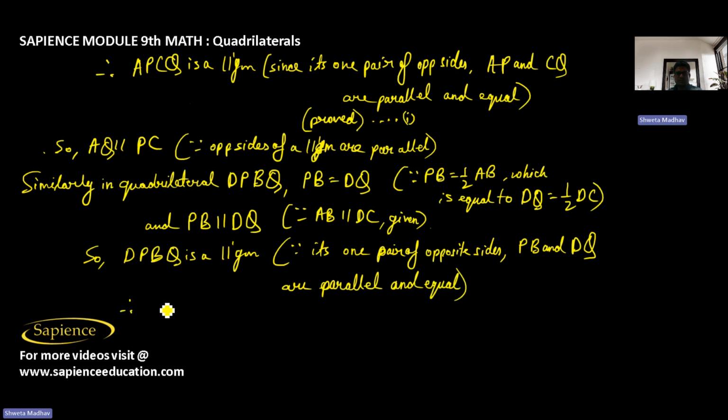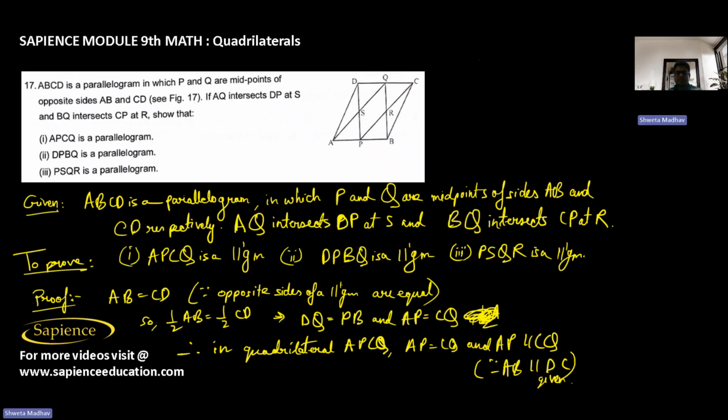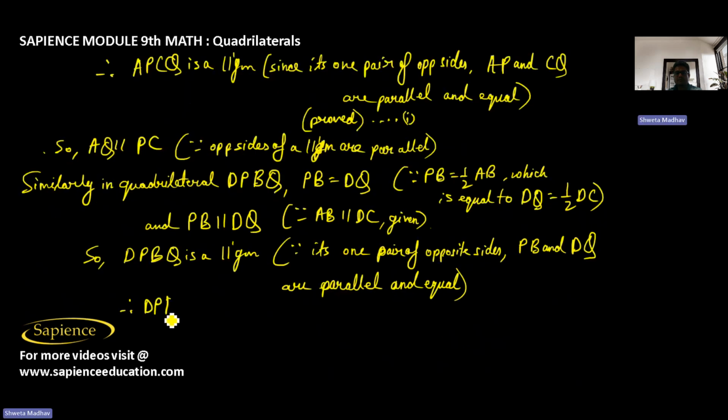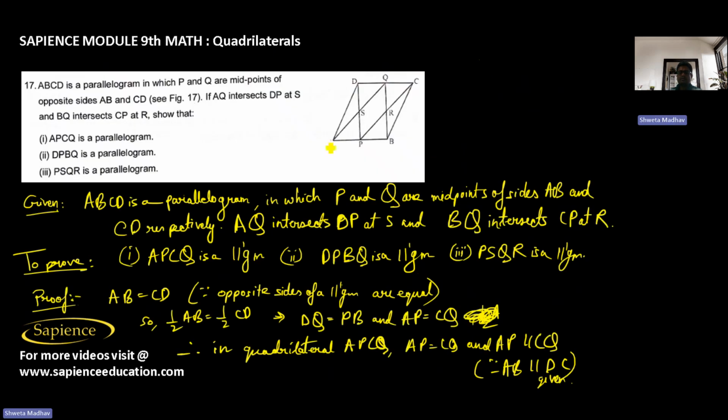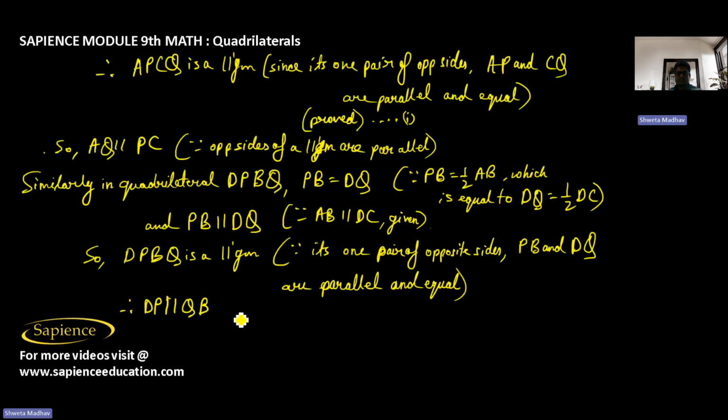So therefore, we can say that BP is parallel to QB, since the opposite sides of a parallelogram are parallel.